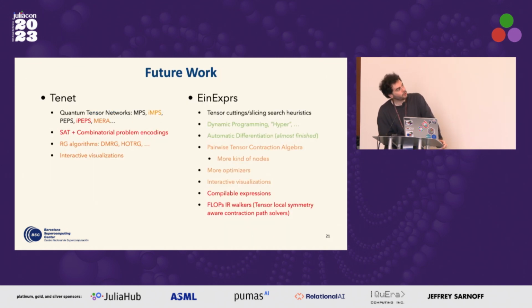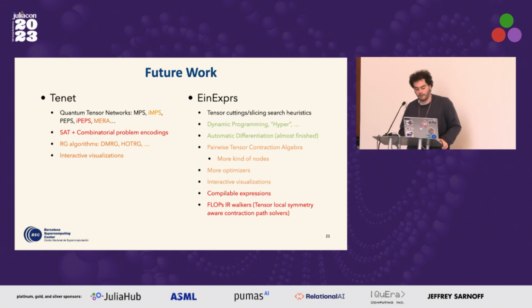In future work, we already have some quantum tensor networks implemented, but we want to implement all of them, or all that are known. We're also interested in other applications of tensor networks aside from quantum mechanics, like SAT and combinatorial problems. For expressions, we're implementing automatic differentiation.